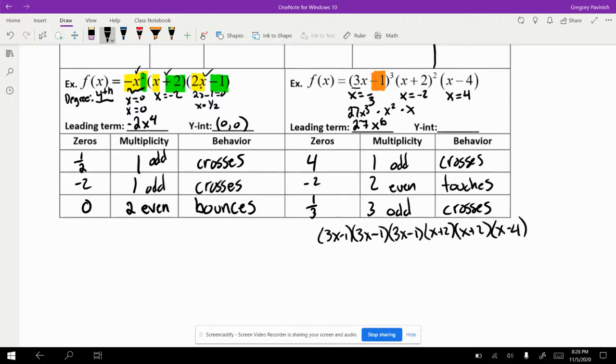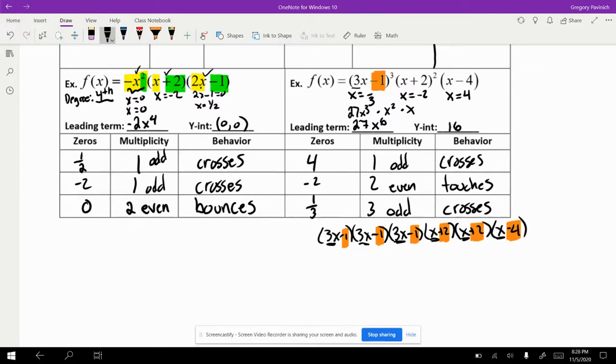That's how I got 27 last time: I multiplied all my firsts together, right? And now I'm going to multiply all my lasts together to get my constant term. So I get -1 times -1 times -1, which is -1, times 2, which is -2, times 2, which is -4, times a -4, which is a positive 16.